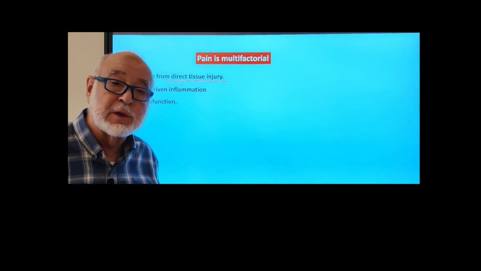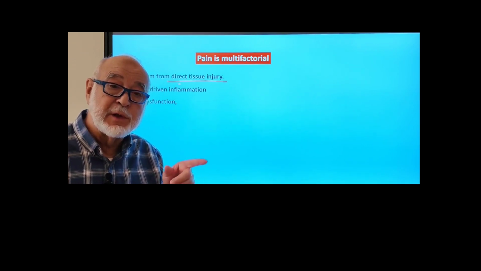The third factor which can cause pain is nerve dysfunction, a dysfunction in the sensory nerve itself, which carries the impulses towards the central nervous system, as happens in cases of fibromyalgia or neuropathic pain. Okay?